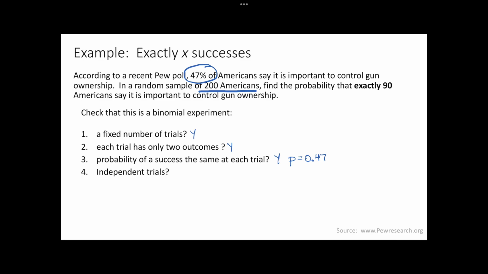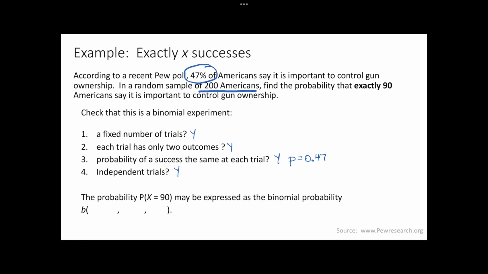Yes, when I select my next American to interview, their probability of saying yes is not dependent on knowing what the previous American said. So this is indeed a binomial experiment, and we can compute the probability that X equals 90 as a binomial probability.